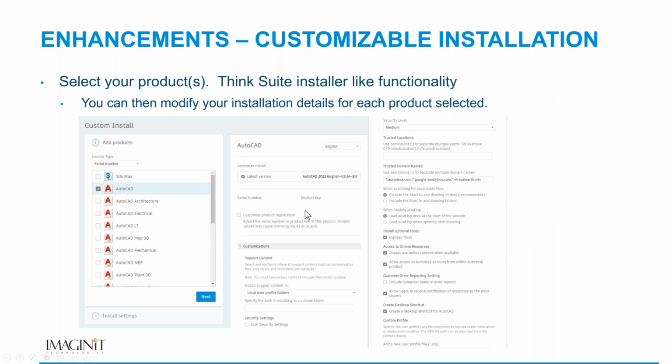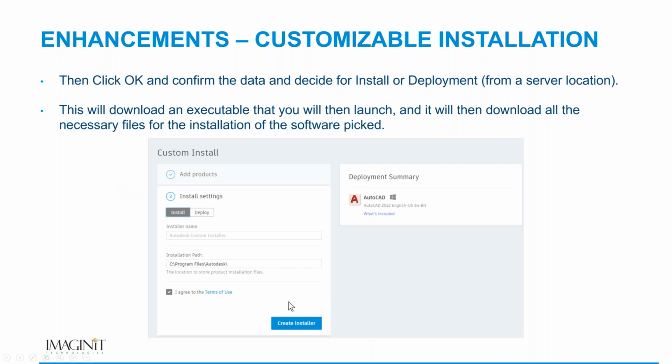The other thing about the web interface is that if you have third-party programs that you've added under third-party when you do the installer, those do not work either. There's no place to put third-party, so you have to run those separately. So you modify your installation, you go through here. When you click OK to confirm all your data is good, you can decide whether you're going to do an install for local user, or you can do a deployment method.